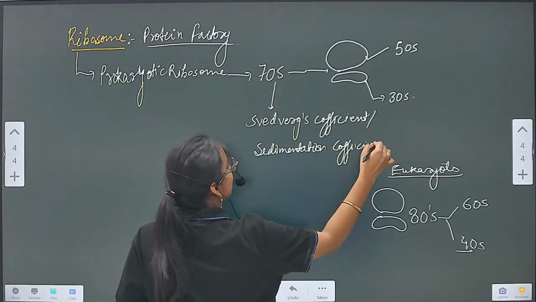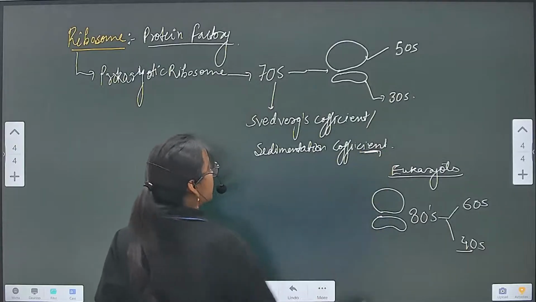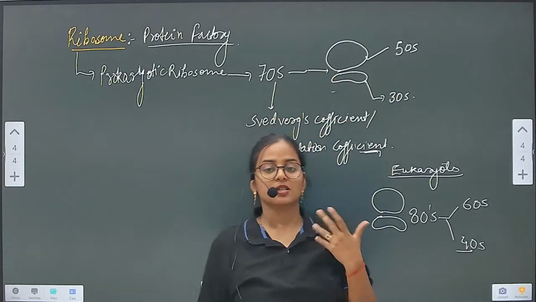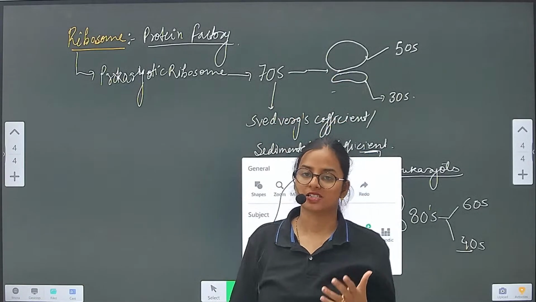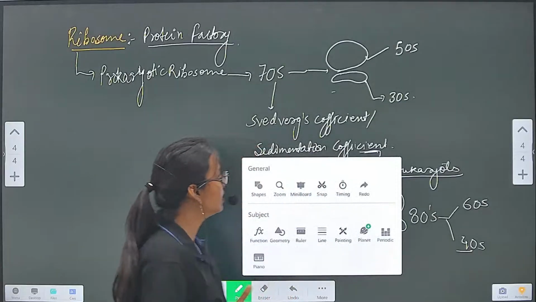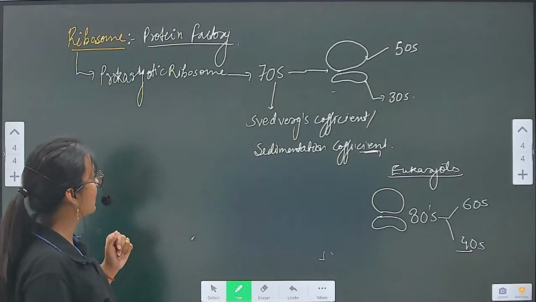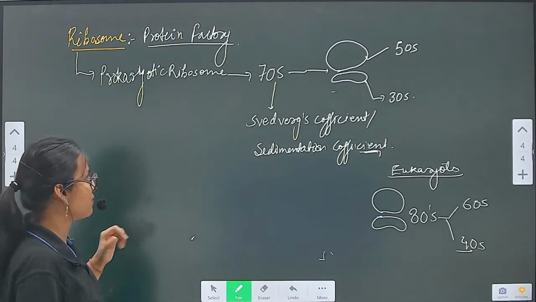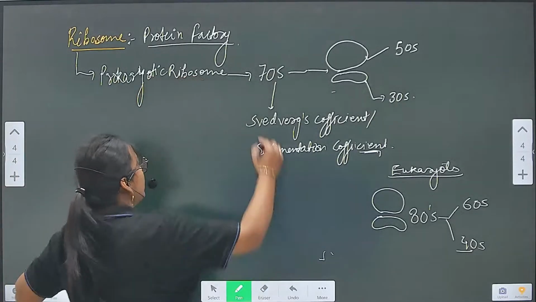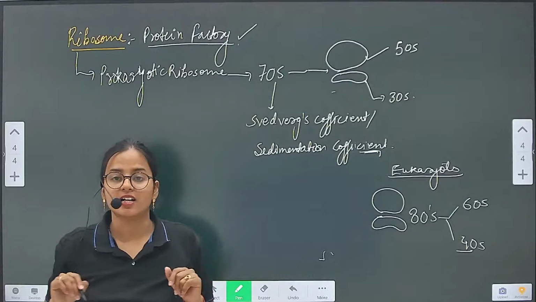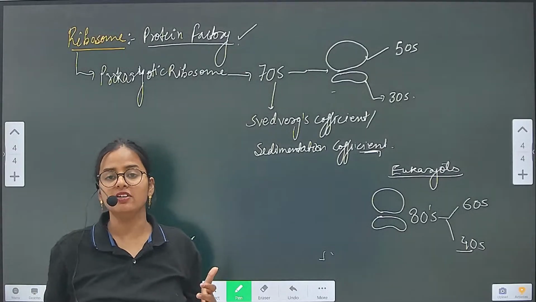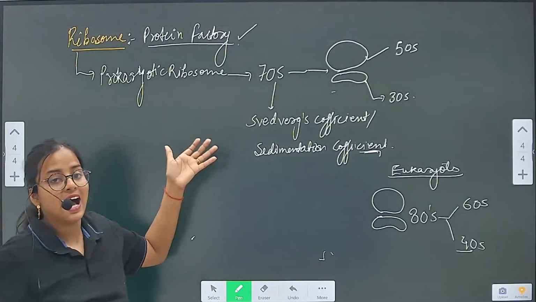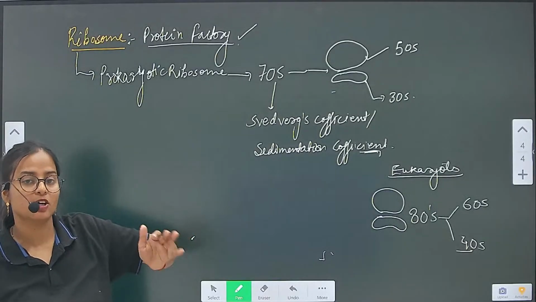Is that clear? Because the units of the ribosome are separated on the basis of sedimentation. That's why it is also called the sedimentation coefficient. So that is all about the ribosomes found in the prokaryotes, which are involved in protein building. That's why they are the protein factory. Now if the ribosome has to synthesize proteins, now they are entering the process of protein synthesis.